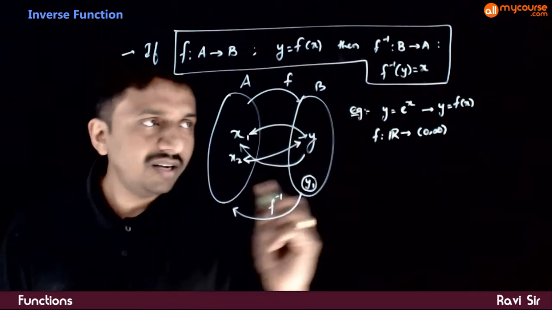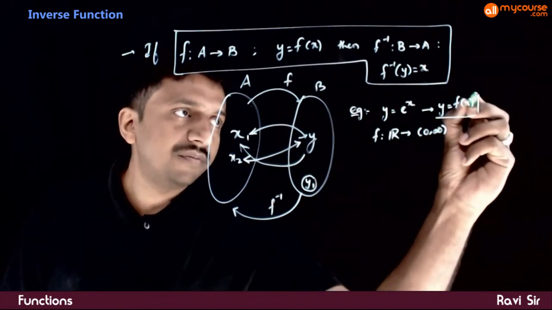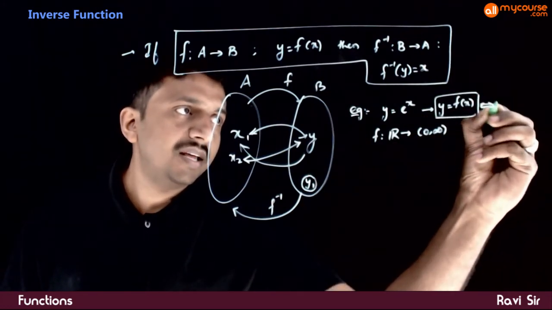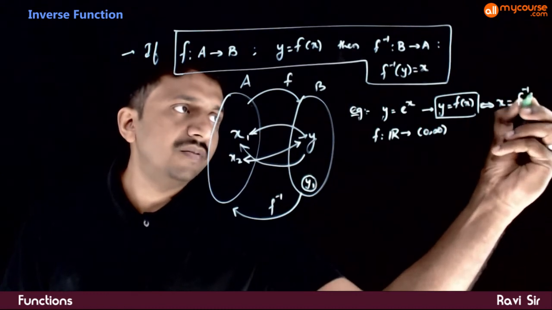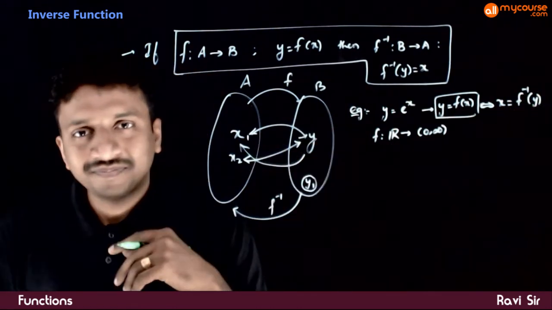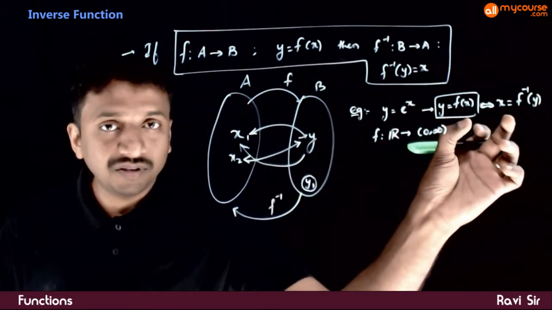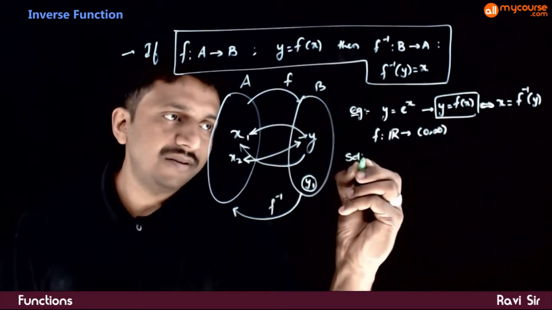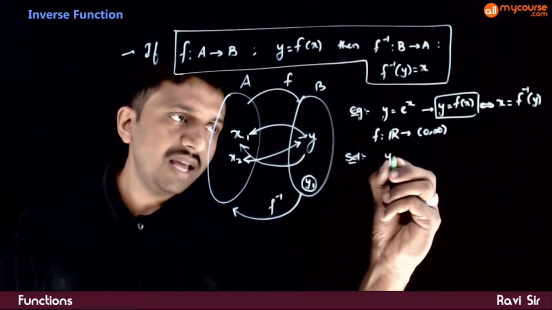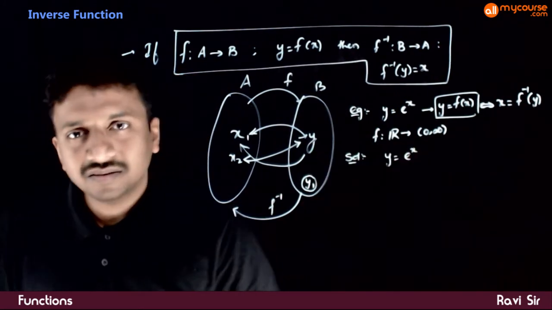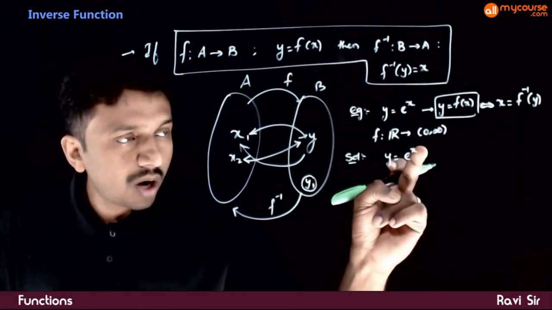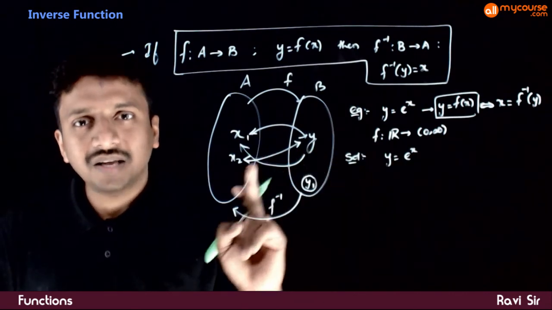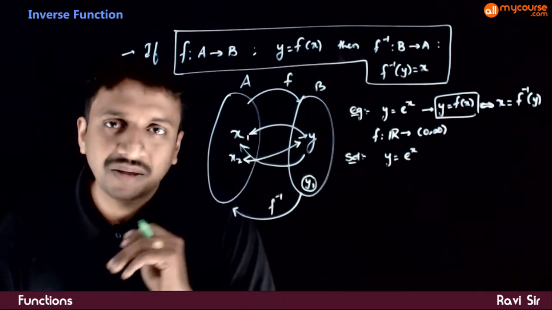So what is the theory? If y is equal to f of x, then x is nothing but f inverse of y. This is the theory we use to find the inverses. Now, according to this question, y is equal to e power x. If you can find what x is, that is nothing but the function f inverse of y.